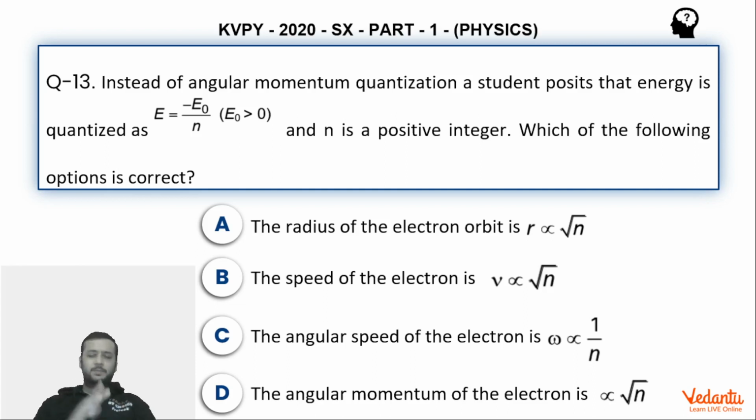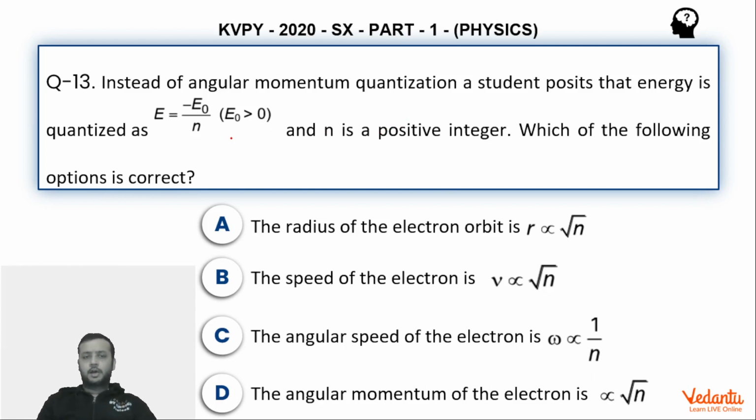In such questions, one of the rules is flouted, or one of the rules does not hold anymore, and accordingly we have to solve the question as per the new situation. So basically here the quantization rule has been flouted. That means the angular momentum is not quantized, rather the energy has been quantized.